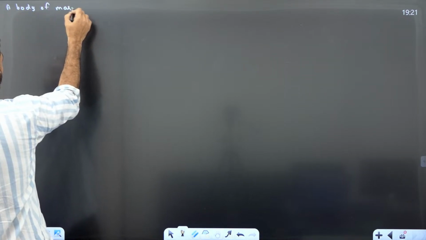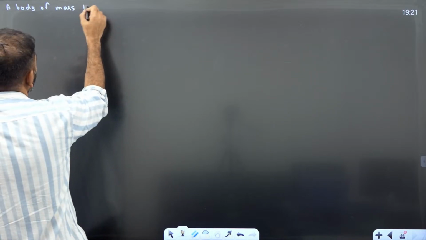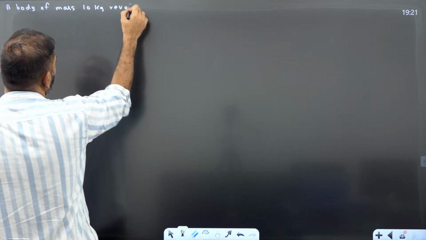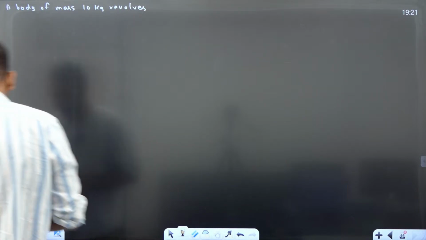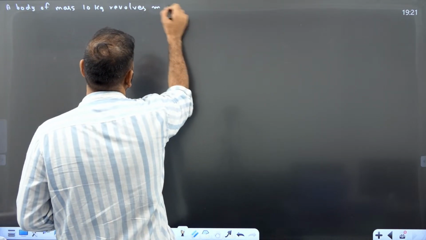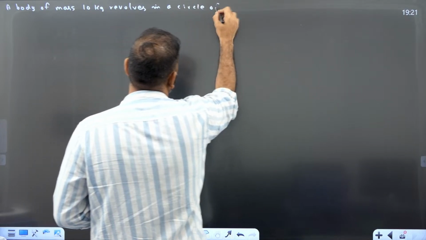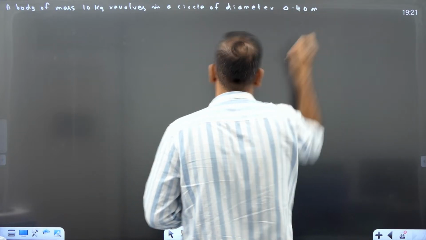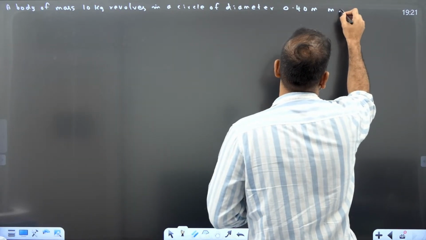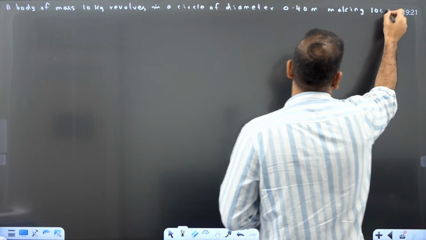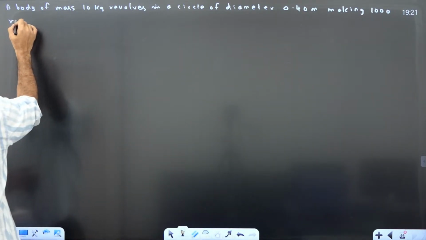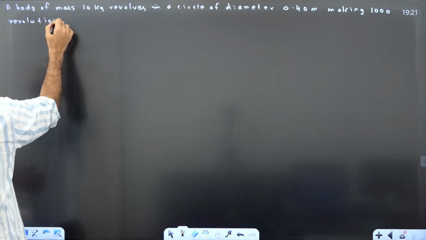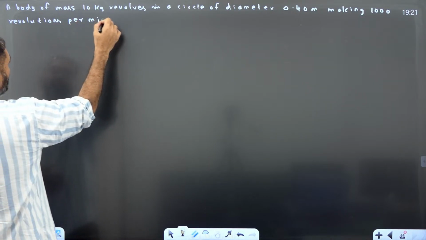A body of mass 10 kilogram revolves in a circle of diameter 0.40 meter, making 1000 revolutions per minute.